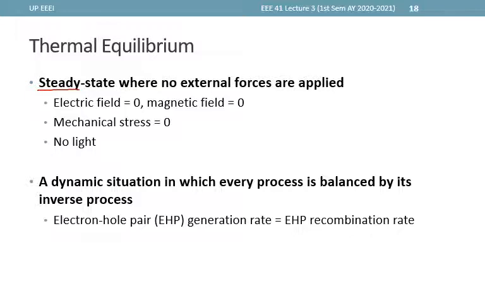That would only mean that no new electron hole pairs are generated, but there are actually some electron hole pairs in the material. Aside from the balancing of generation and recombination, we can also say that drift and diffusion are balanced. However, we'll talk about this in future lectures.